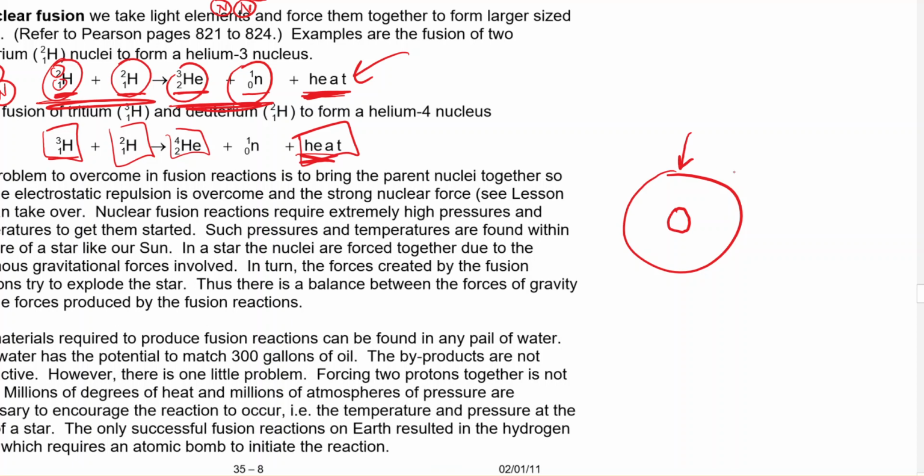I don't know if you guys know this, but the sun is really massive. It has a lot of gravity pushing in, and all of that gravity forces everything in the center to be under incredible pressure. That incredible pressure forces all the tiny hydrogen atoms together, which forms helium.